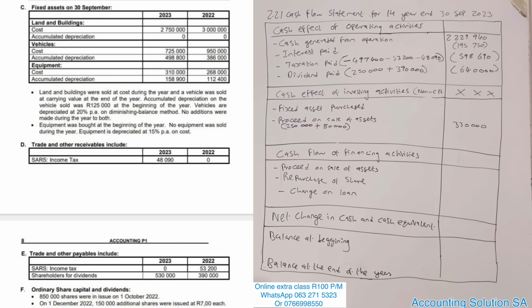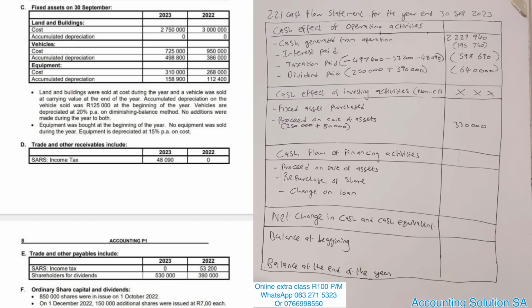The third one, we have to calculate cash flow from financing activity. Let's start with sales of share, not assets. Sales of share. Okay, did we sell any share? Yes.